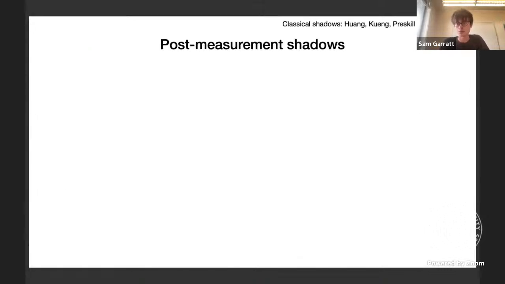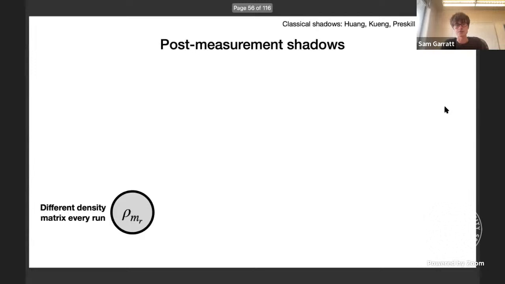What I'm going to talk about is basically how to learn something about the entanglement of the post-measurement state without post-selection. In order to do this, I'm going to have to describe a slight variation on what's now a popular theme.